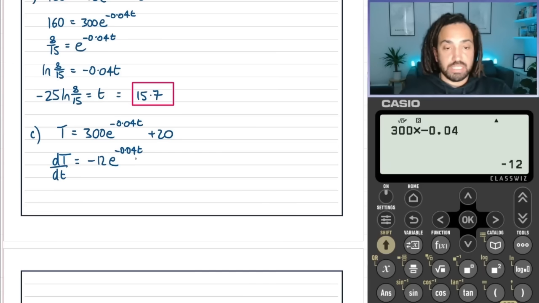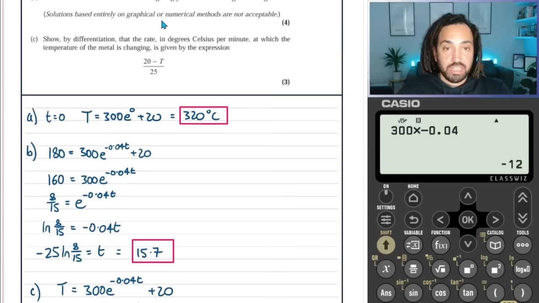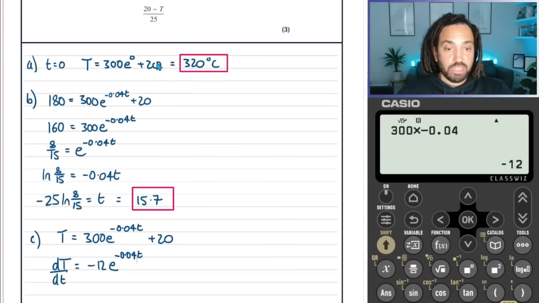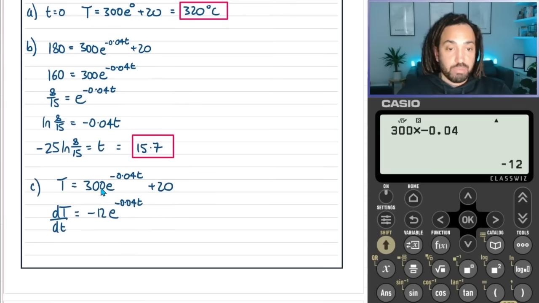Okay, perfect. Now, we need to write this in a particular way. We need to write it like this. Okay, so what we're going to do is take our formula here, and rearrange it so that e to the minus 0.04t is the subject. And that way we can substitute it in over here.